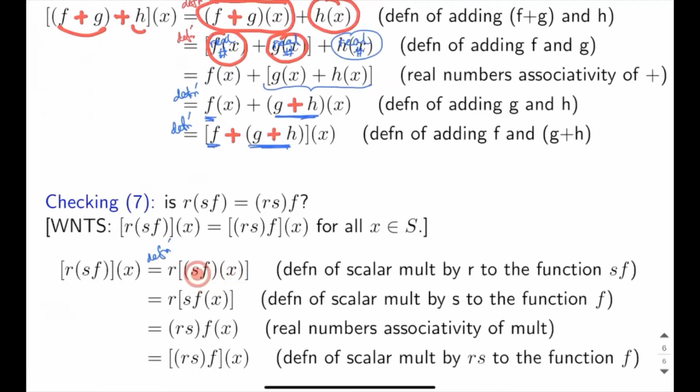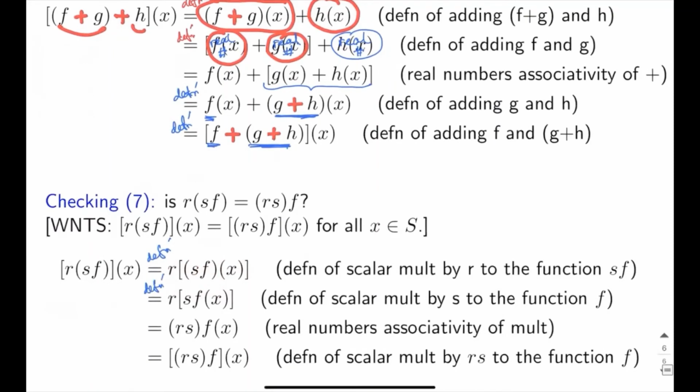This means that we are computing the output of the function sf when the input is x. What does sf mean? Sf means you scalarly multiply the real number s with the function f. So by definition of scalar multiplication, we are going to multiply the number s with the output f of x.